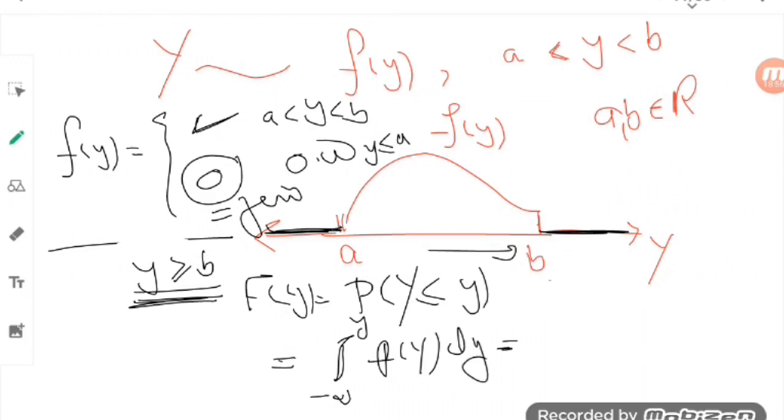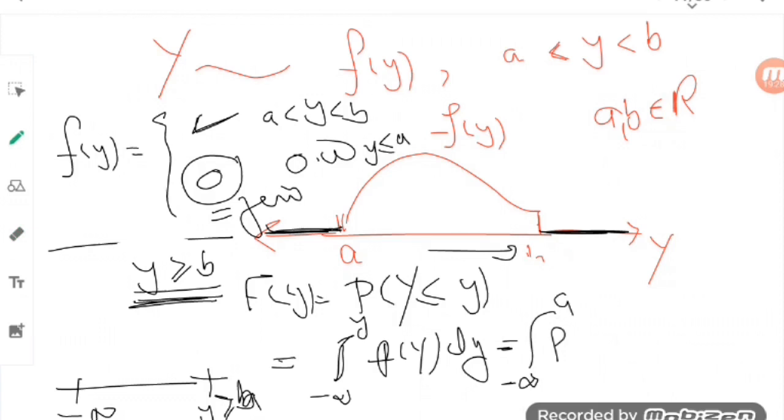Here y is greater than or equal to b, so from negative infinity to y will be partitioned into from negative infinity to a for the PDF, which equals 0.